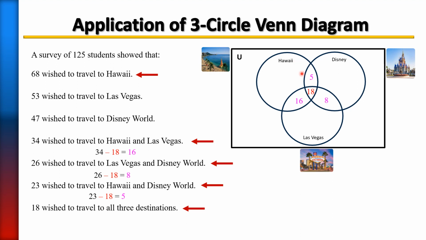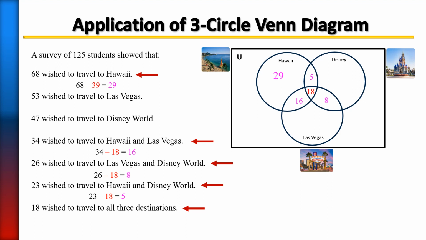And there's 5 plus 18 plus 16. That's going to give us 39 people already there. So we subtract that 39 from the 68, and then that will give us our only people, which are 29. There are only 29 people that wish to travel to Hawaii only.